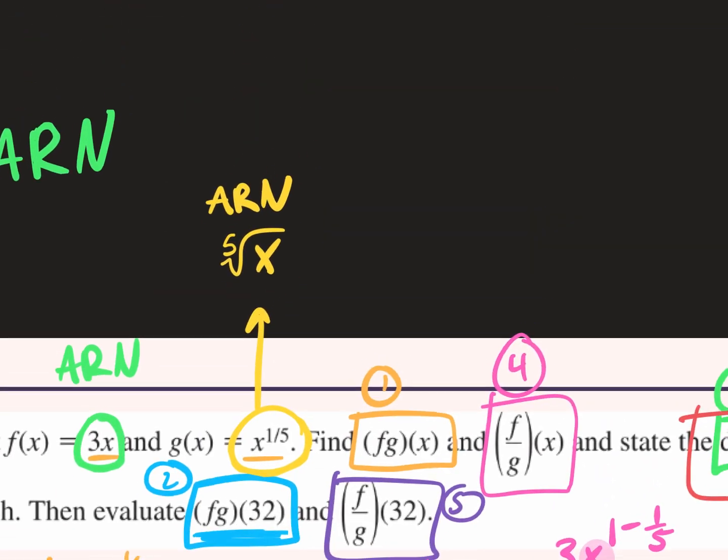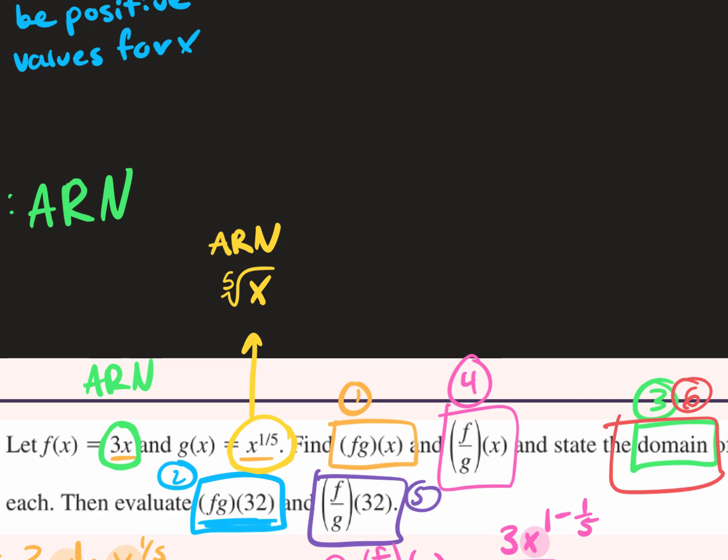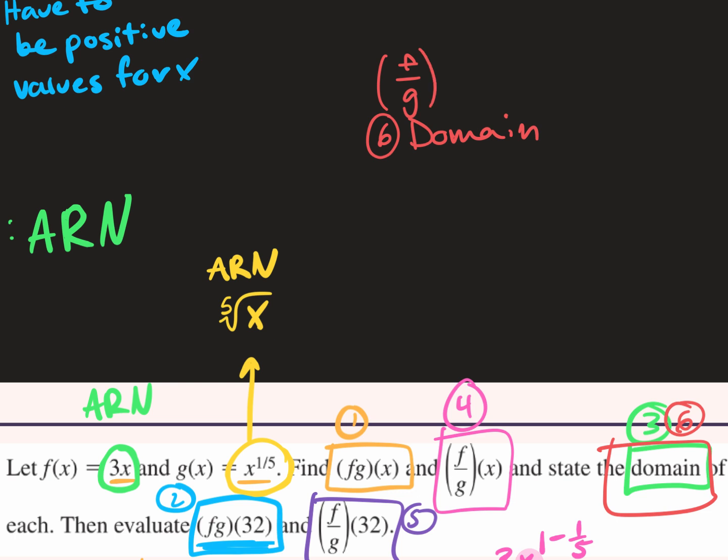All right, last thing we want to do is find the domain. So this is question 6. We have to find the domain of f divided by g. So it's different when we are dividing because there's 3 things we have to check.